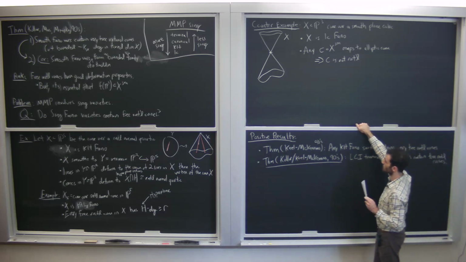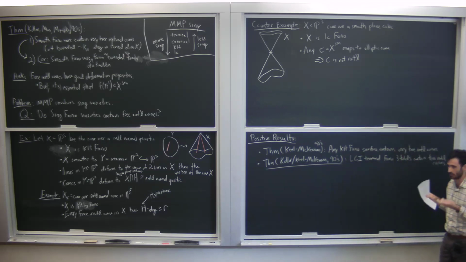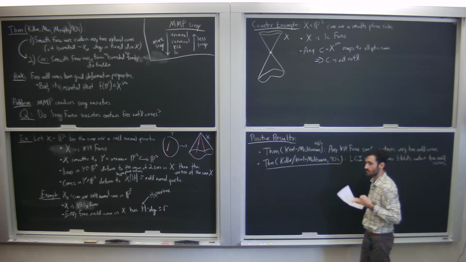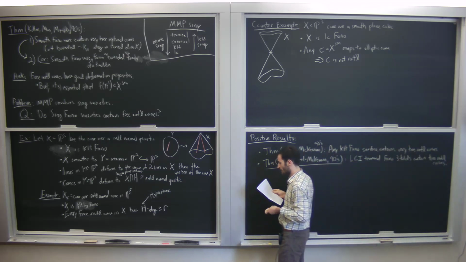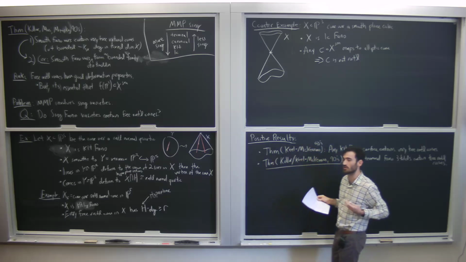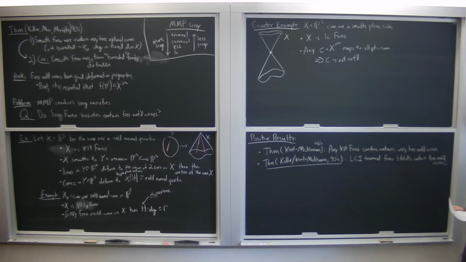And LCI means local complete intersection, that every singularity can be modeled by the spec of a local complete intersection ring. Okay. So these are actually the only known results about free rational curves on singular Fano varieties before our work.